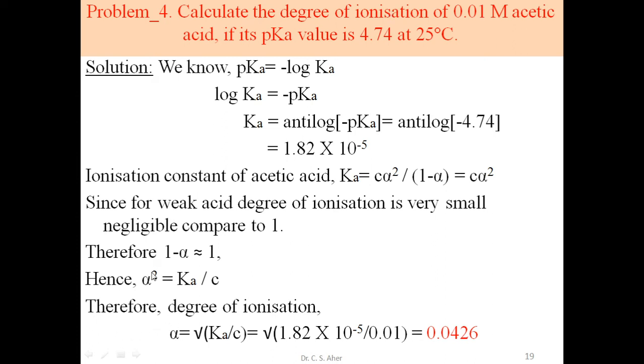For that alpha, we take the under root of Ka upon C. So we put the under root of 1.82 into 10 raised to minus 5 upon concentration 0.01 molar. Solve this on the calculator, taking the under root, and the final answer is 0.0426. This 0.0426 is the value of alpha, that is the degree of ionization.